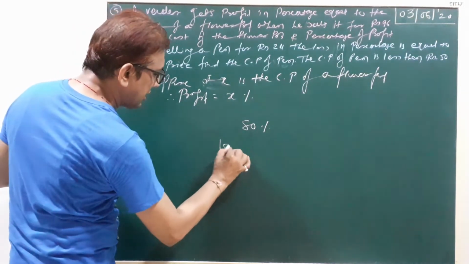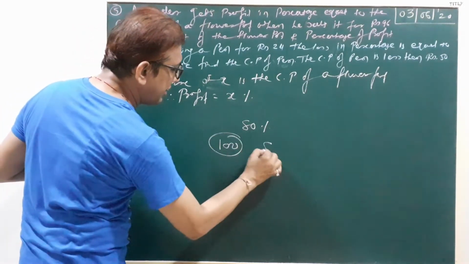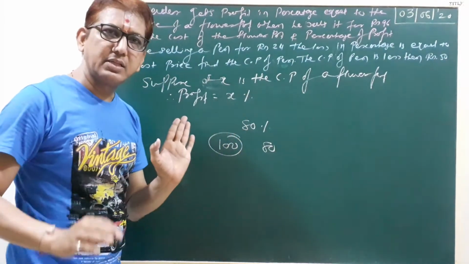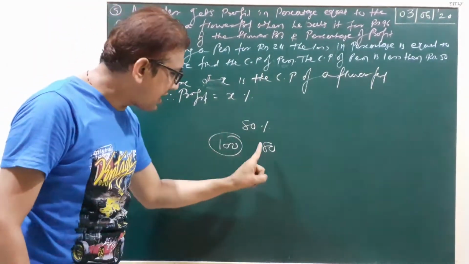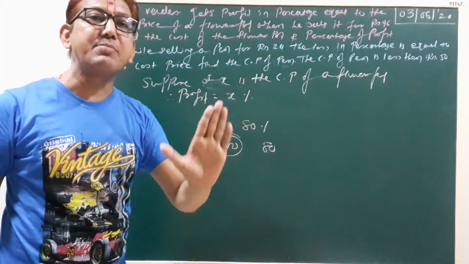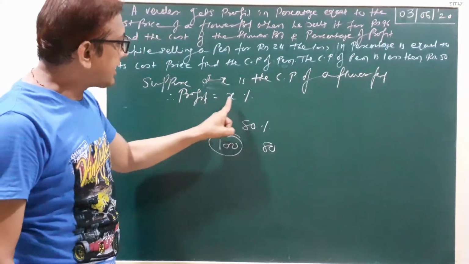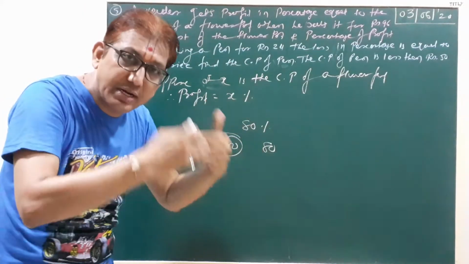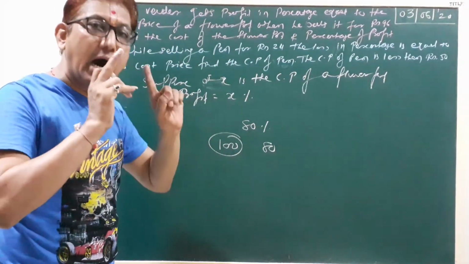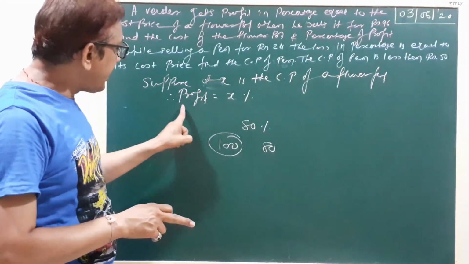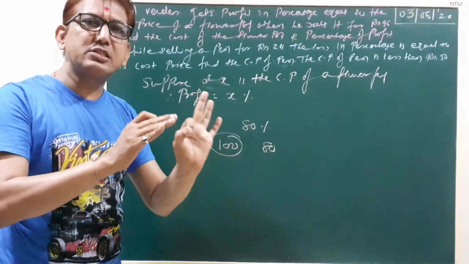That means out of 100 we get 80 marks, on average. Clear? Here X% means out of 100 we get X rupees profit.